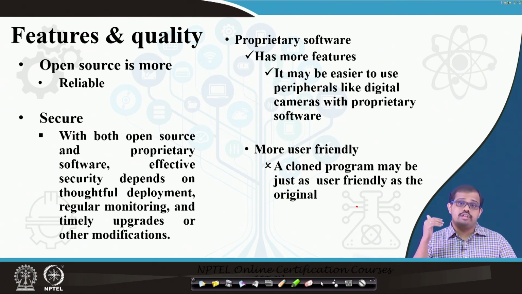Then it is more secure, very important in terms of whether you are using GIS. We have emphasized security as a very important measure. When you look at open source software, it is highly secure. How? Effective security through deployment is done in an open source software even before the code is used.